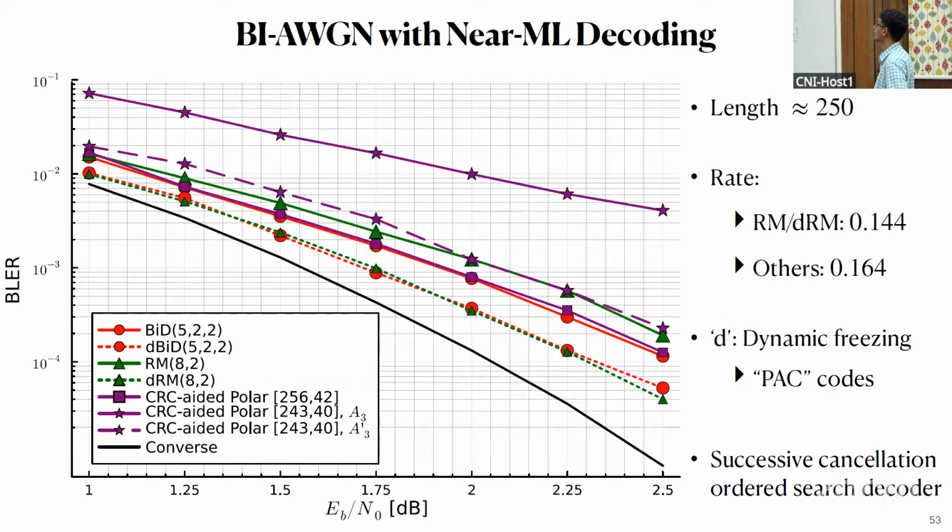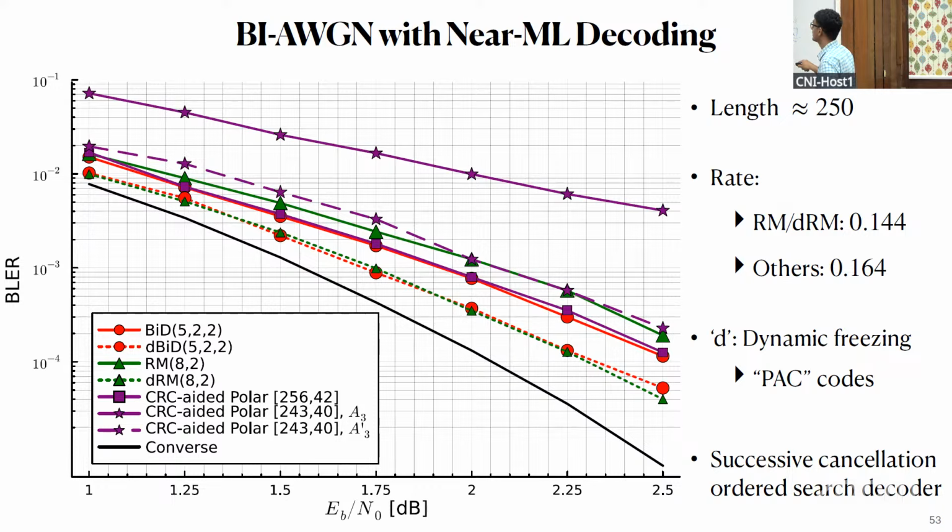So this is performance in the AWGN channel with BPSK modulation. I'll just show you maybe 2 or 3 curves from here. The black curve that you see is the information theoretic converse, the finite length capacity converse. The red solid curve here is a BID code.